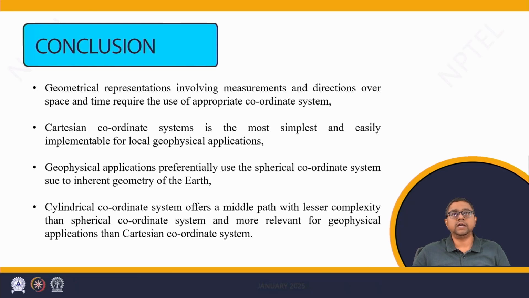Local geophysical applications are best suited for representation in Cartesian coordinate systems, while global phenomena, which span the entire planet, are more suited for representation using spherical coordinate systems. The cylindrical coordinate system offers a middle path with lesser complexity than the spherical coordinate system, but more relevance for geophysical applications than the Cartesian coordinate system.